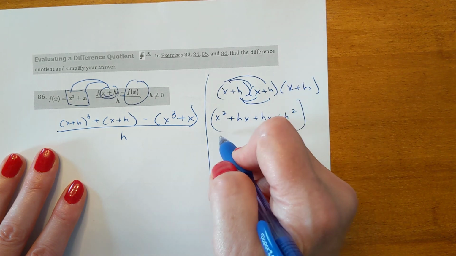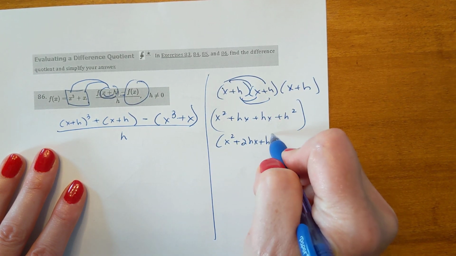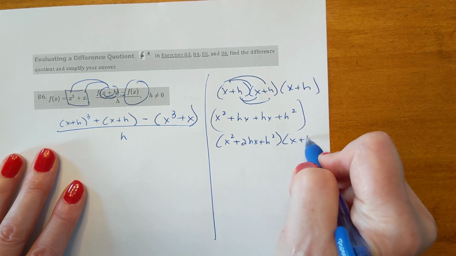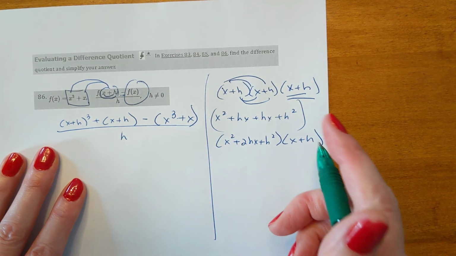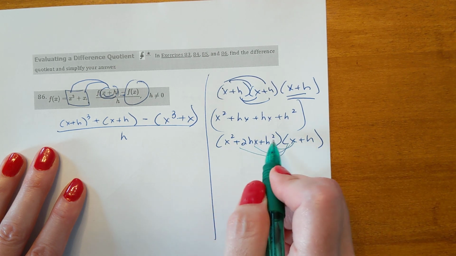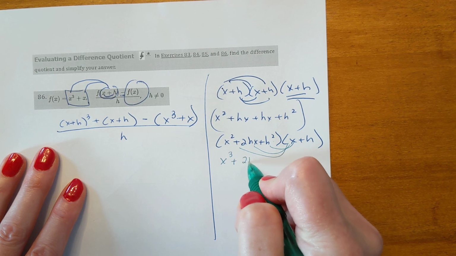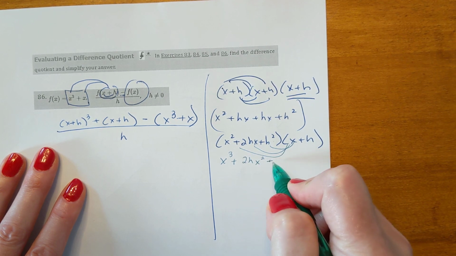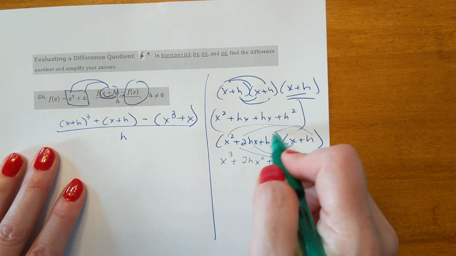So the first two multiplied together make x squared plus 2hx plus h squared, and then times x plus h still right here. And so multiplying that together, I'm going to do the second times the first. So I'm going to multiply everything by the x going that way. So everybody gets one more x. So that makes x cubed plus 2hx squared plus h squared x.